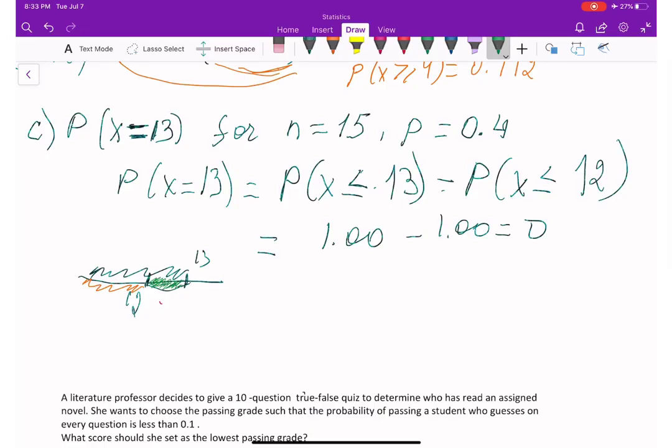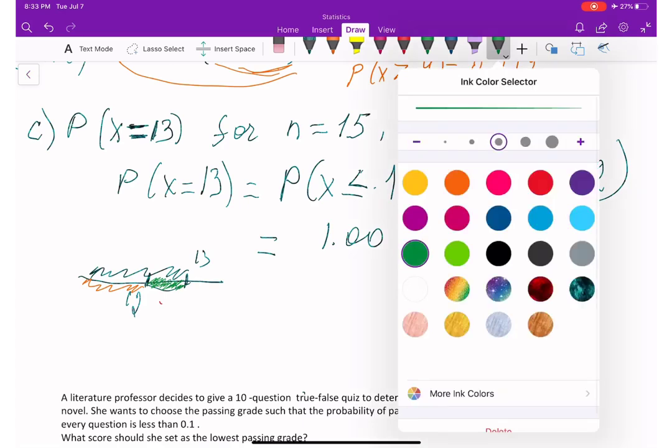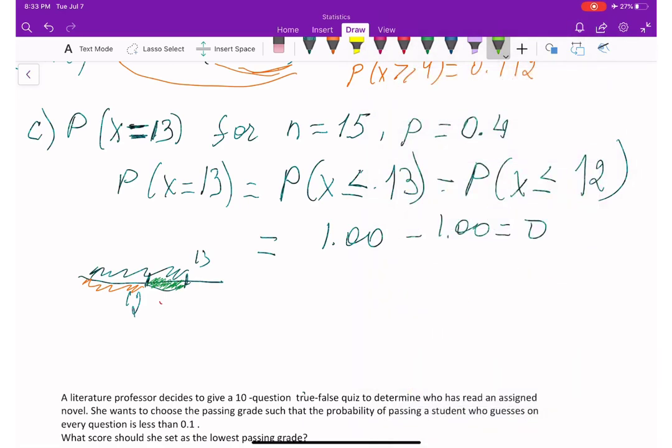So when you need to find the probability for a precise value of x, you take less than or equal to that number, which is 13, and then subtract less than or equal to the one smaller number, which is 12 in this case. Both of them are equal to 1, so the difference is going to be 0.